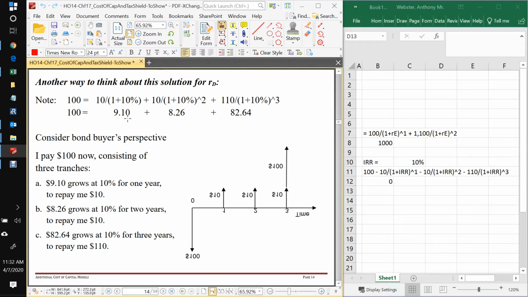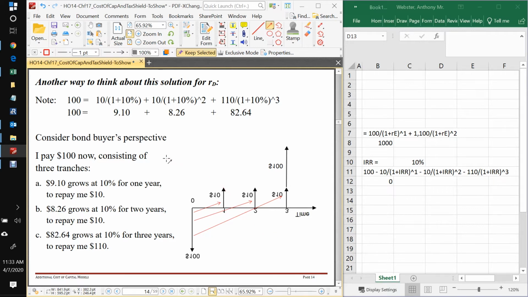One tranche of $9.10 that is going to grow into 10 after a year, and another tranche of $8.26, which is going to grow to $10 after 2 years, and then a final tranche of $82.64, which is going to grow into 110 after 3 years.